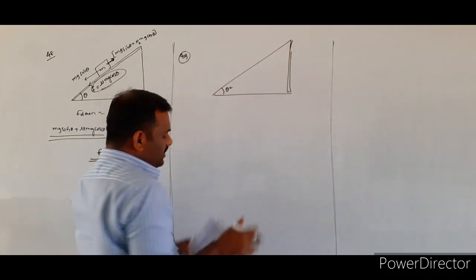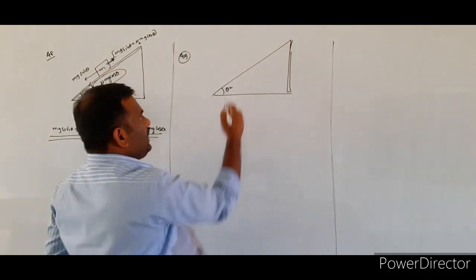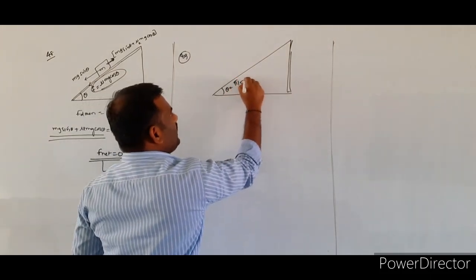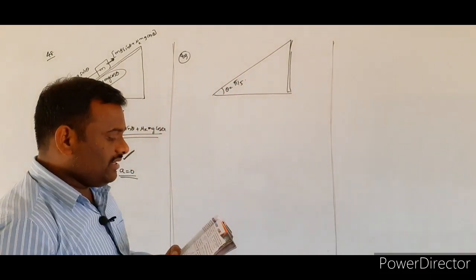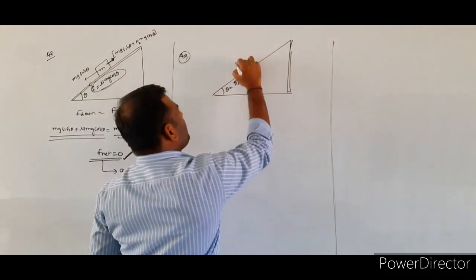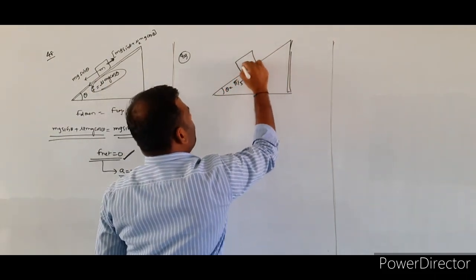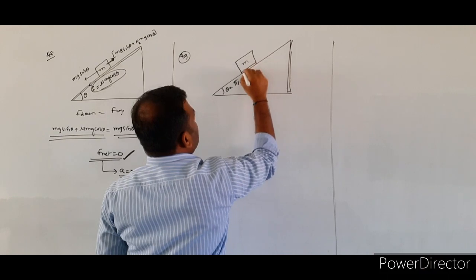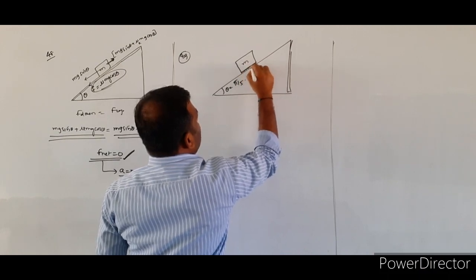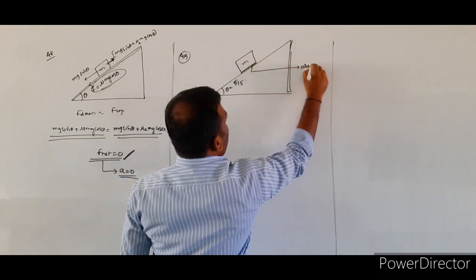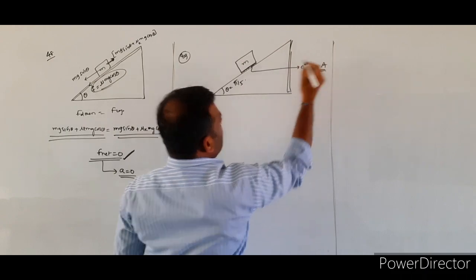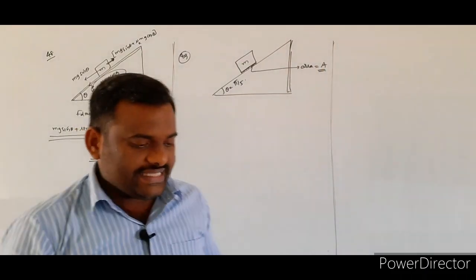Angle of inclination theta is pi by 5, and the mass of the given object is small m, and they mentioned the area of contact. Area of contact is capital A.